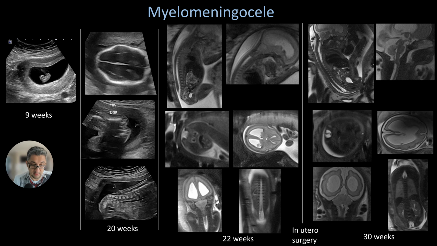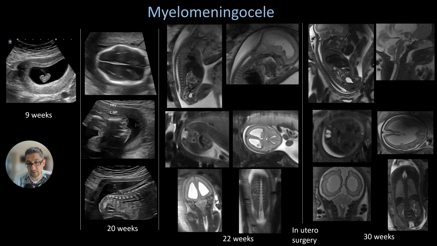And we can see the posterior bony defect at the level of the sacrum, and we don't really see the neural elements and the membrane, but on the axial we can see the defect nicely, and we can see the abnormal lemon-shaped skull with ventriculomegaly, which are components of Chiari II malformation, and myelomeningocele comes as a package with Chiari II malformation.